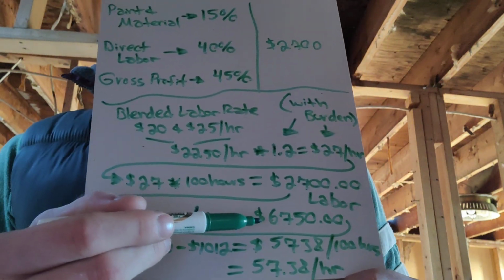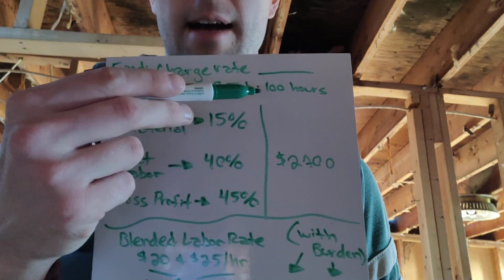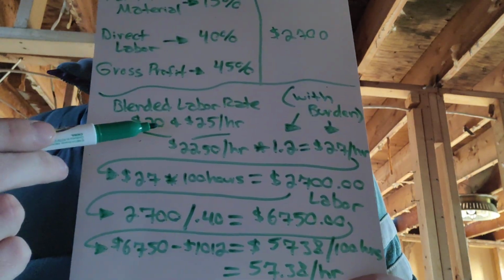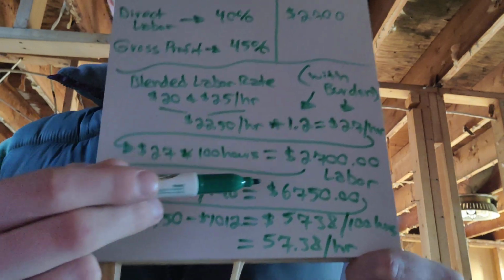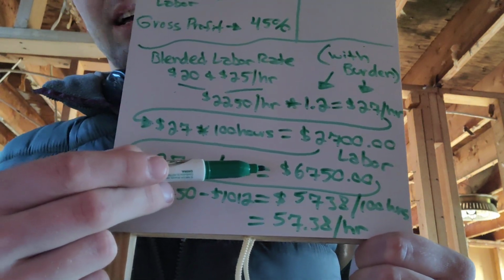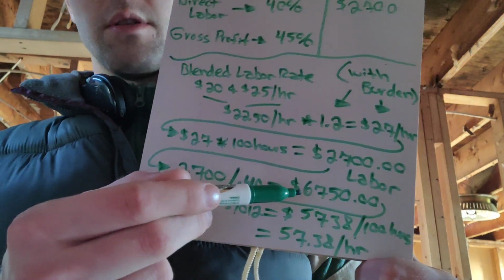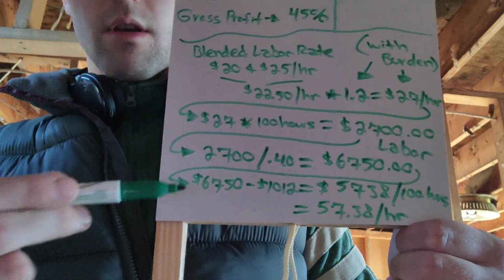So what this number means for a 100 labor hour job, if you want to gross 45% and you have a blended labor rate with burden of 27 an hour, the job needs to cost $6,750 in order for that to happen.